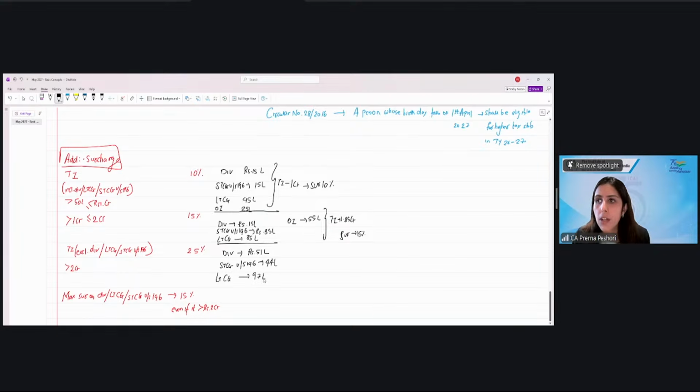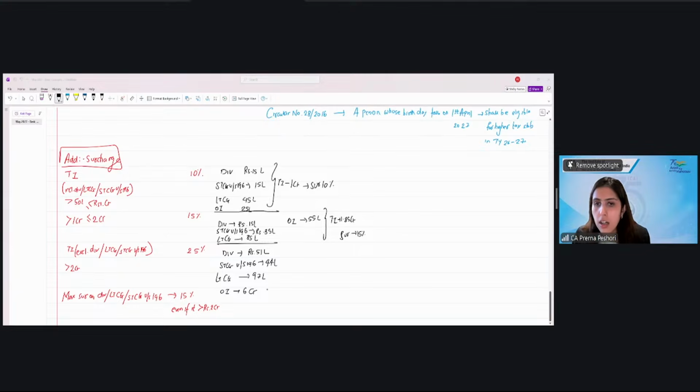So what will be my total income? And let's say my other income, which I forgot to take, is 6 crores.